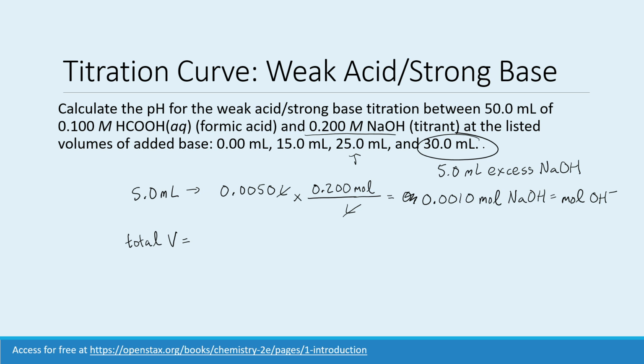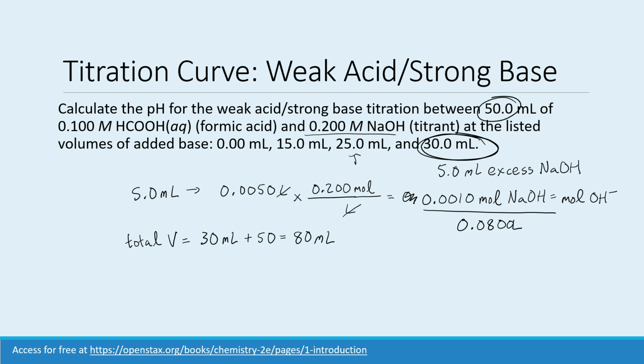So the total volume of the system is the 30 milliliters of the sodium hydroxide plus the 50 milliliters of the original formic acid, for a total of 80 milliliters. Okay, so we'll take that mole of sodium hydroxide and divide by 0.08 liters.